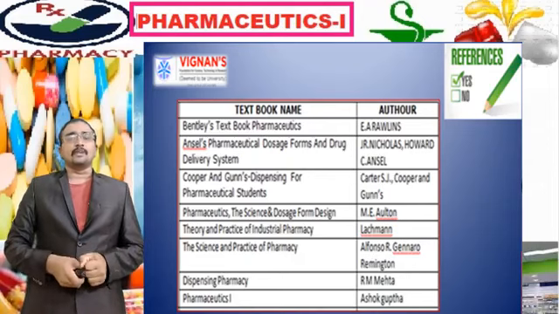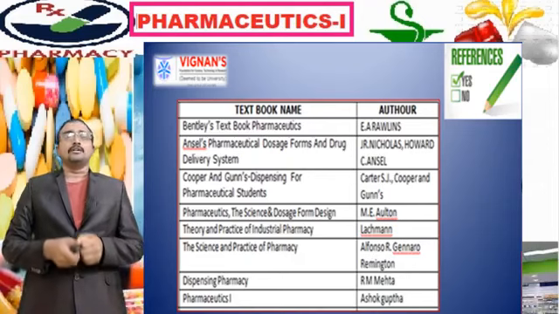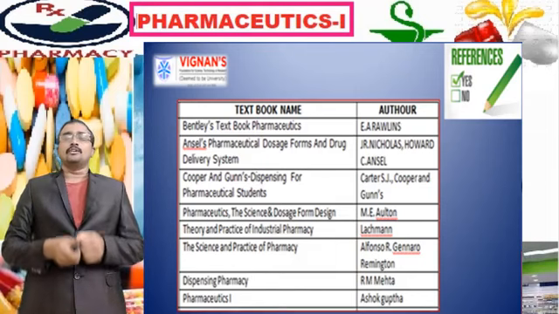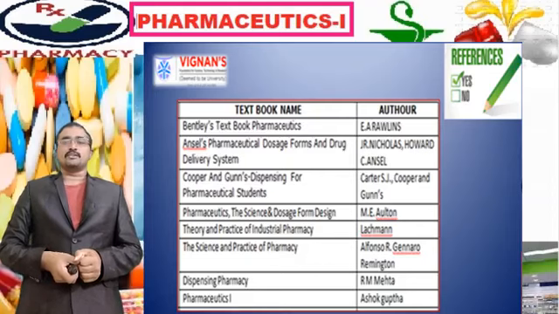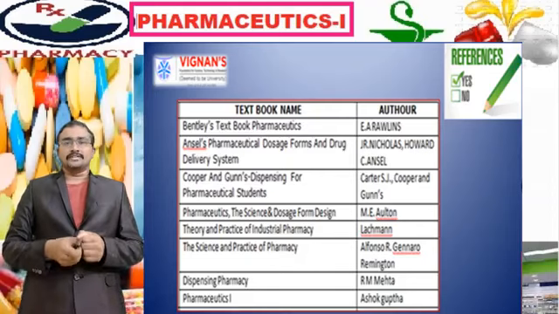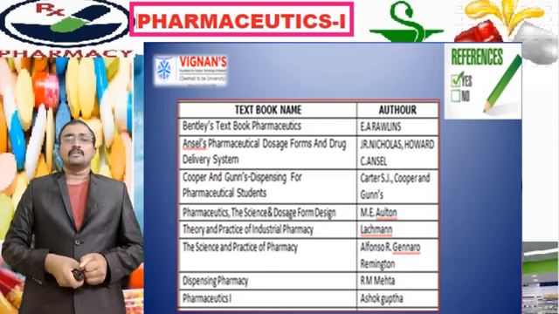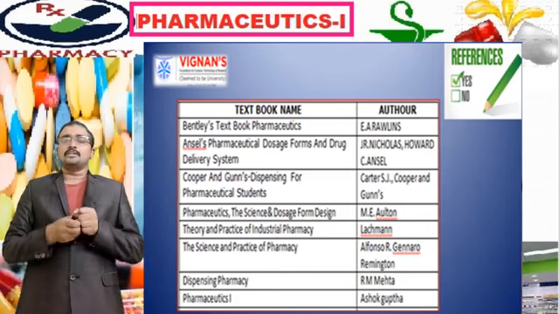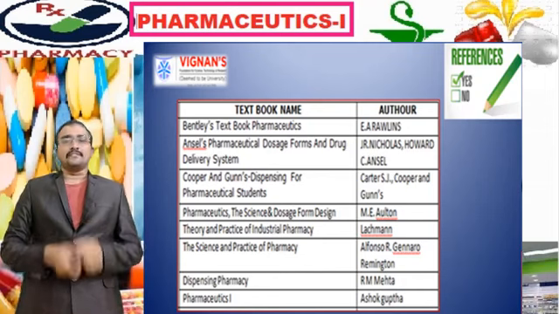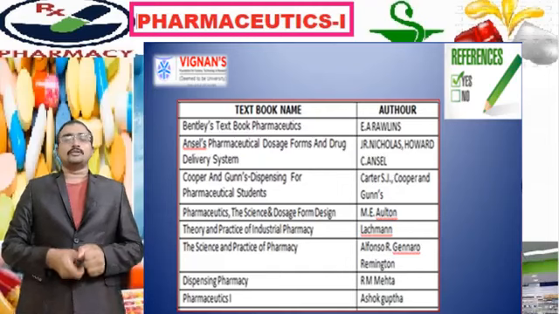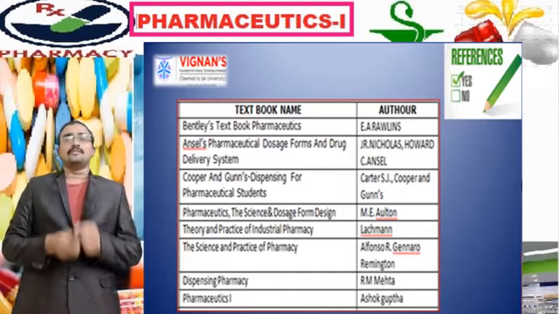The books are Pharmaceutics by Rawlins, Ansel's Pharmaceutical Dosage Forms, Remington, Modern Dispensing Pharmacy by Mehta, and Pharmaceutics 1 by Ashok Gupta. These books are also available in our library. You should go through them to understand the pharmacy profession.